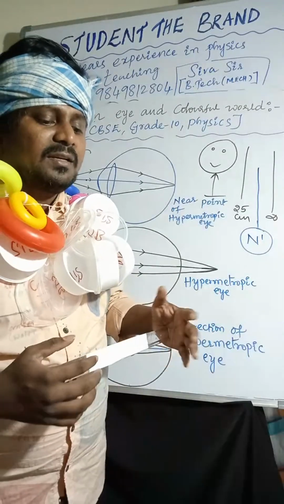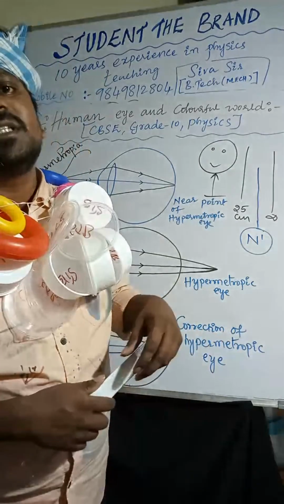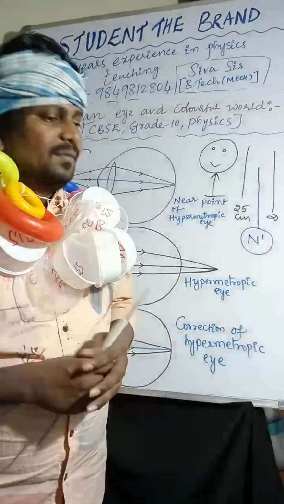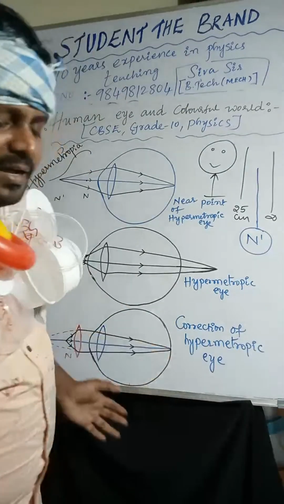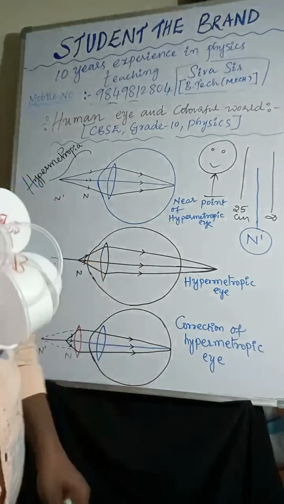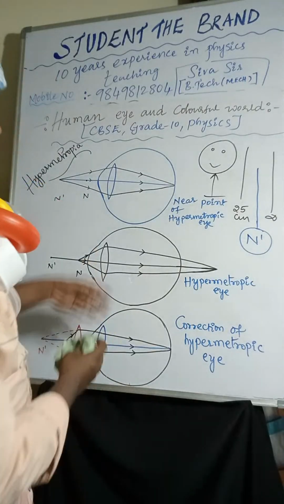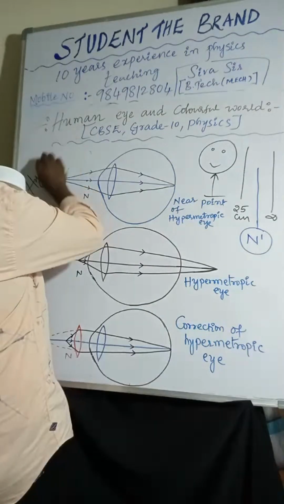For that correction, we are using a convex lens.